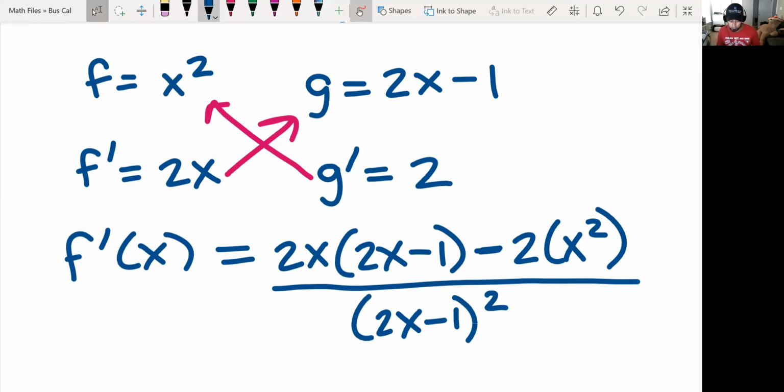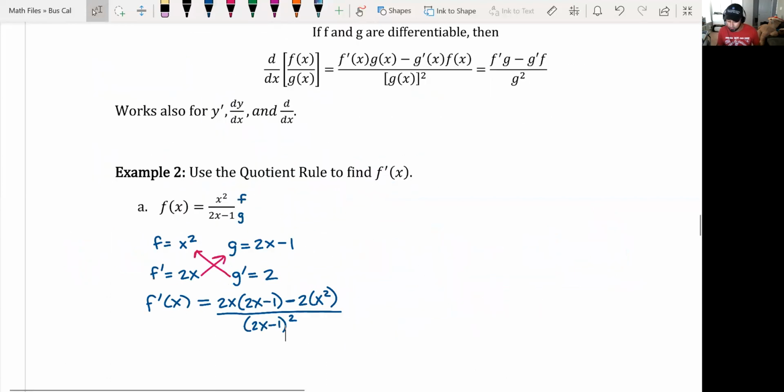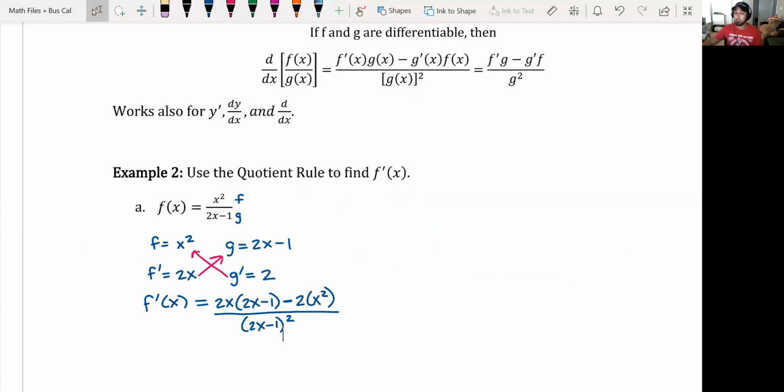That's it. So that's all we're following is that formula above. F prime g minus g prime f over the original denominator g squared. Now, calculus is done. Rest is algebra.